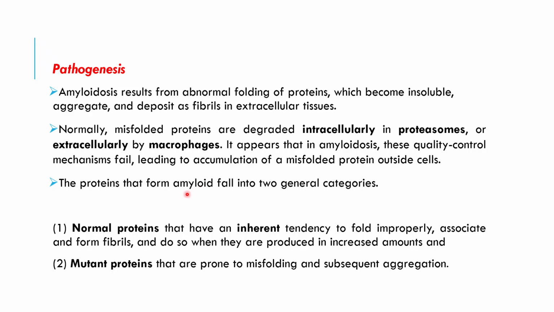The proteins that form the amyloid fall under two general categories. First are normal proteins, second are mutant proteins. The normal proteins have an inherent tendency to fold improperly and form fibrils when there is increased production, and the mutant proteins are prone to misfolding and subsequent aggregation.